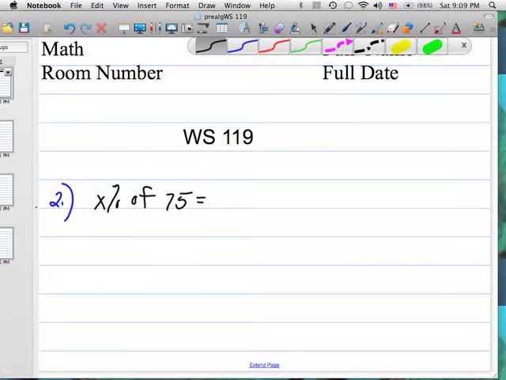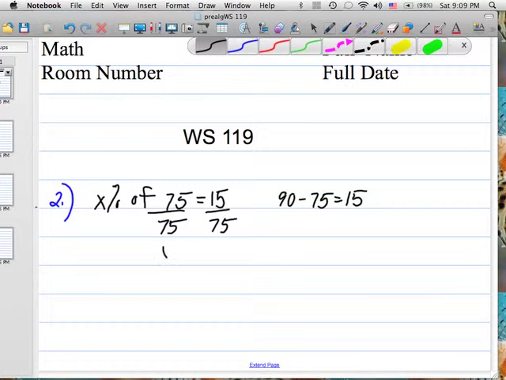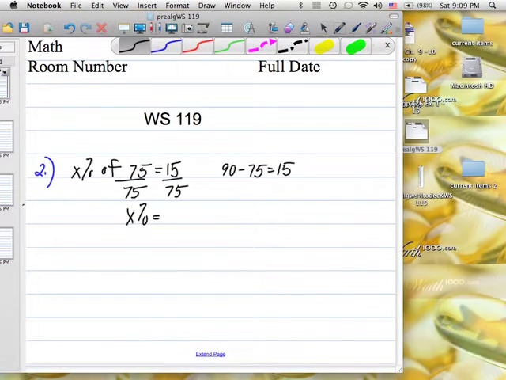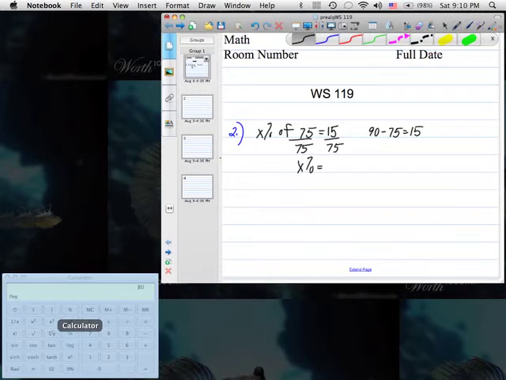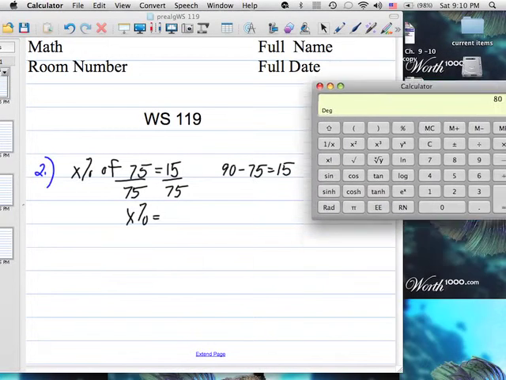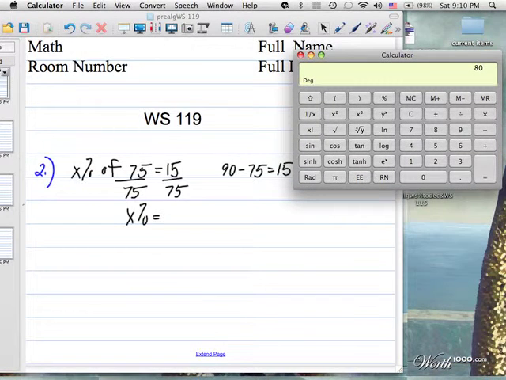We're looking for the percent of increase. It went from 75 to 90, so if we subtract 75 from 90, that's an increase of 15. So we want to know 15 is what percent of 75. Divide both sides by 75, and we get X percent equals, we'll move our calculator back in again, or if you recognize that 15 goes into 15 once and into 75 five times we get 1/5.